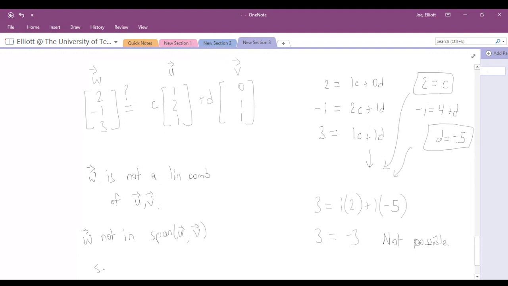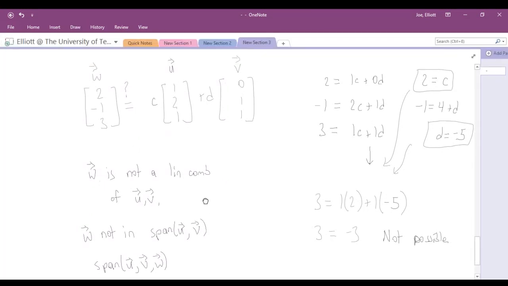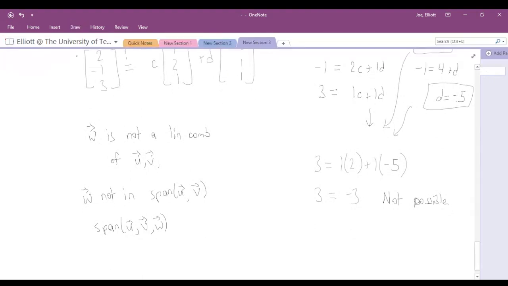So if I add W to this list, it would add an extra dimension to everything. And so the span of U, V, W would in fact be all of R3 in this example. Okay.